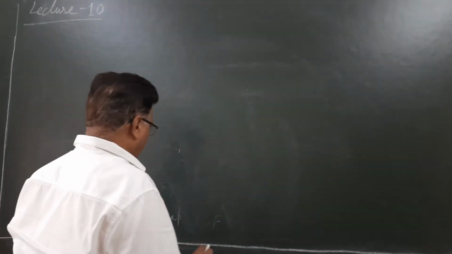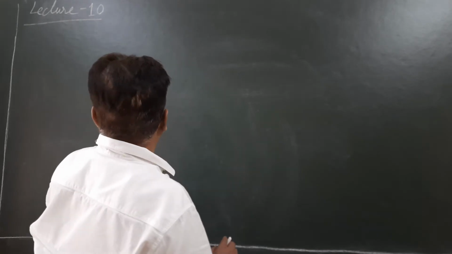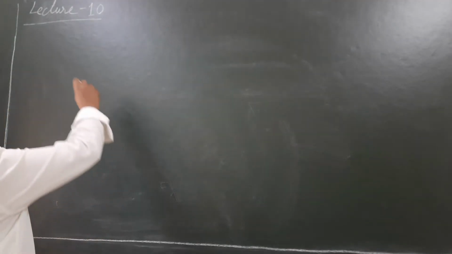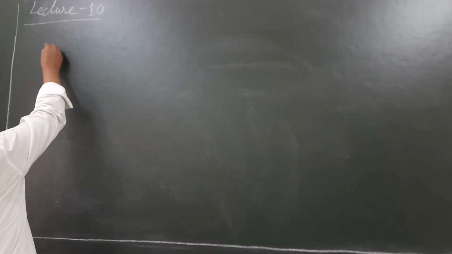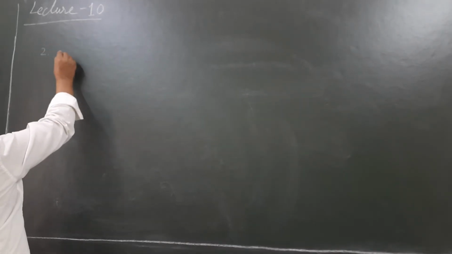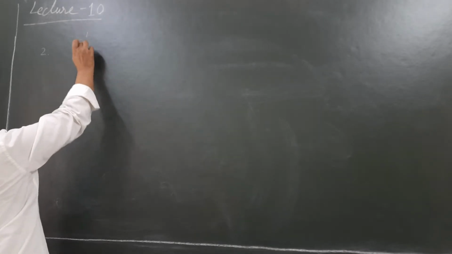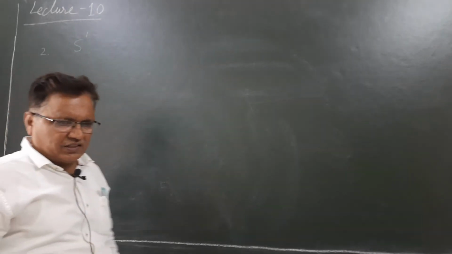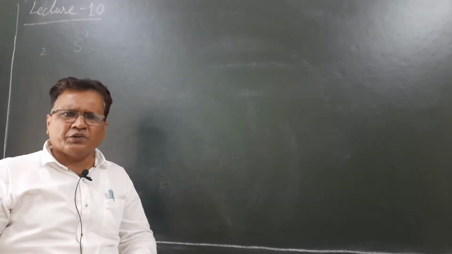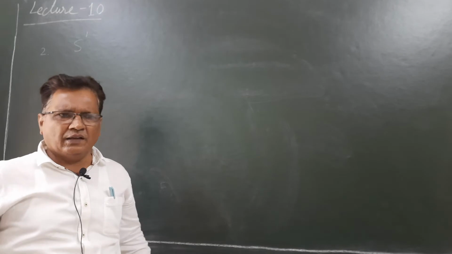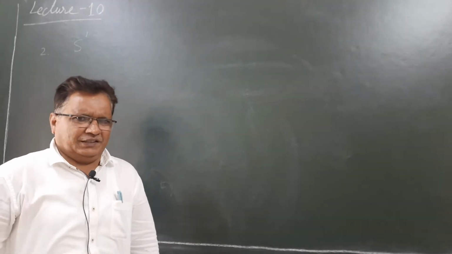Okay. Now, let us see some non-trivial examples of differentiable atlases. Example number 1 was this. Example number 2 is that of a circle. If you remember, we have discussed atlases in two different ways, one through canonical projection and the other through stereographic projection.